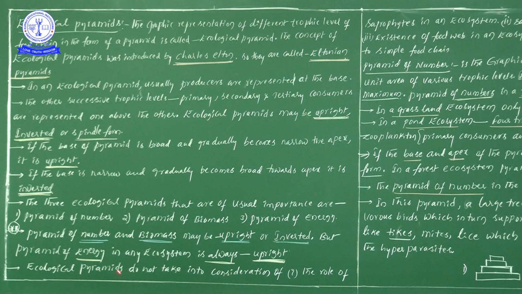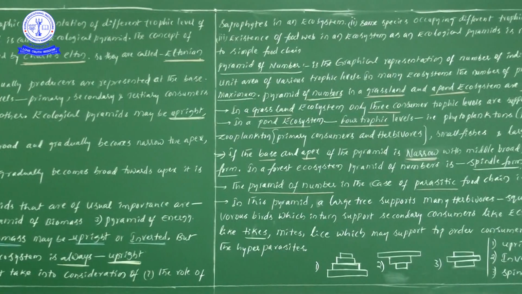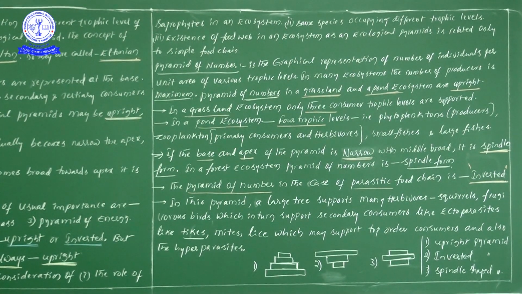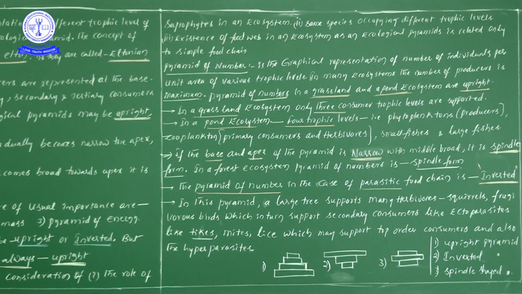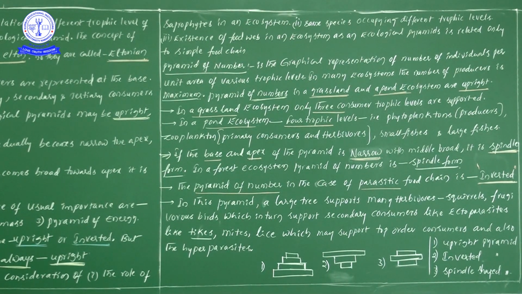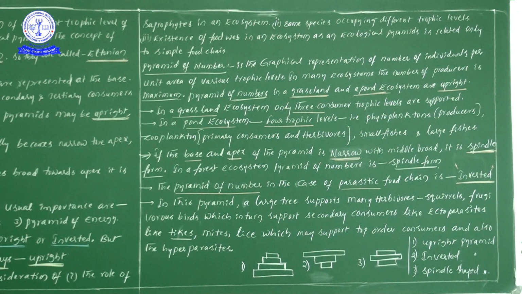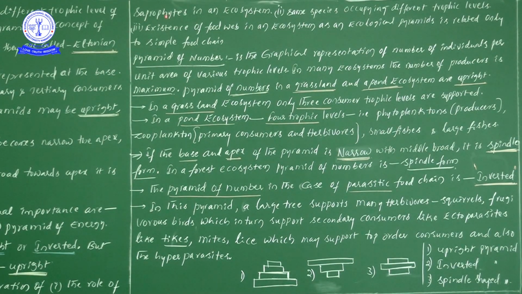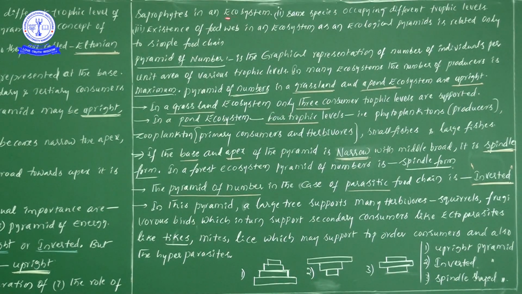Now, in ecological pyramids we do not take into consideration the role of saprophytes. In these ecological pyramids, there are some points we should not consider. What are those? The role of saprophytes in an ecosystem.